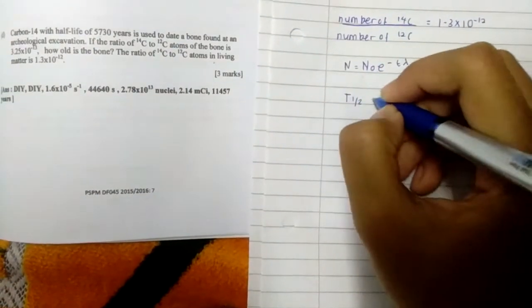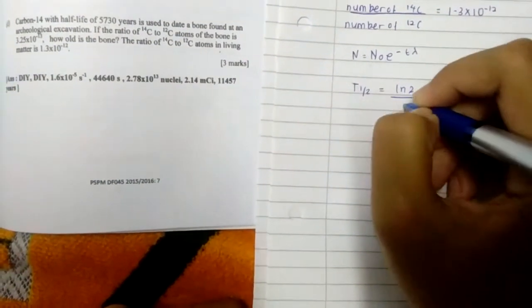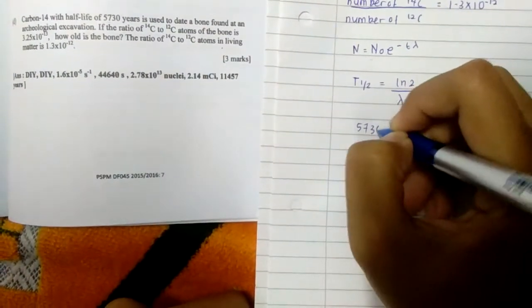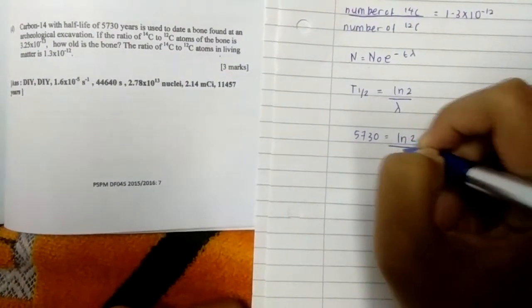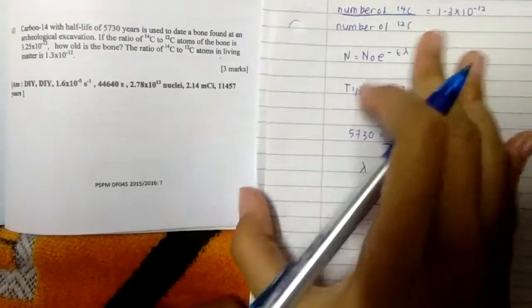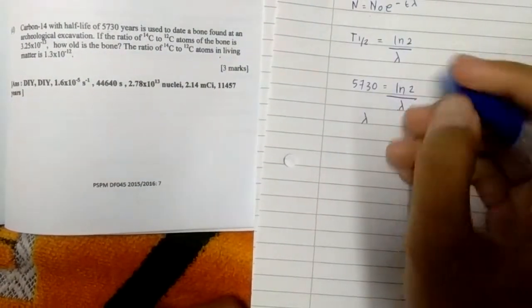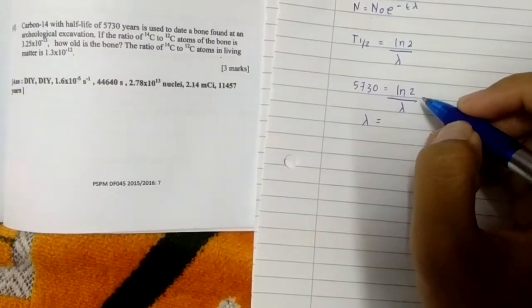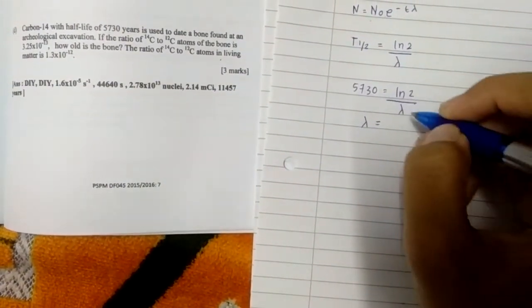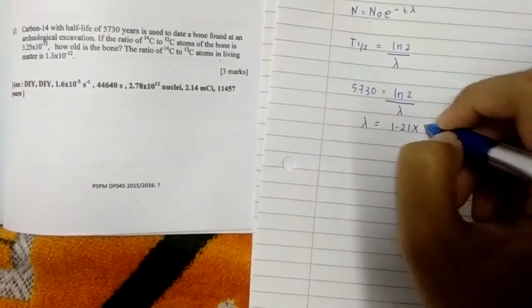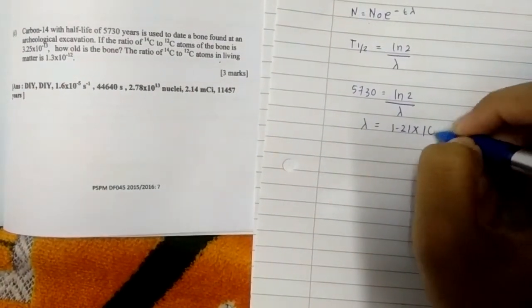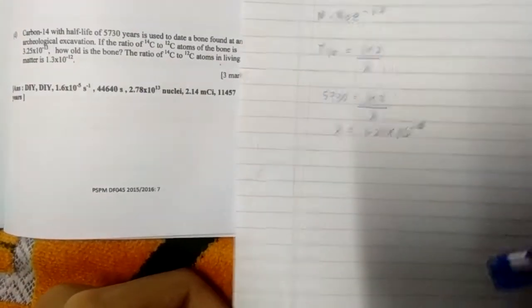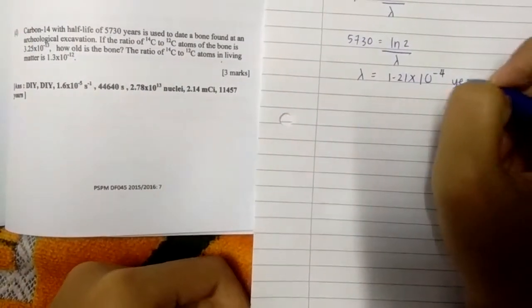Use the half-life formula. Get decay constant 1.21 times 10 to the negative 4. This is per year.